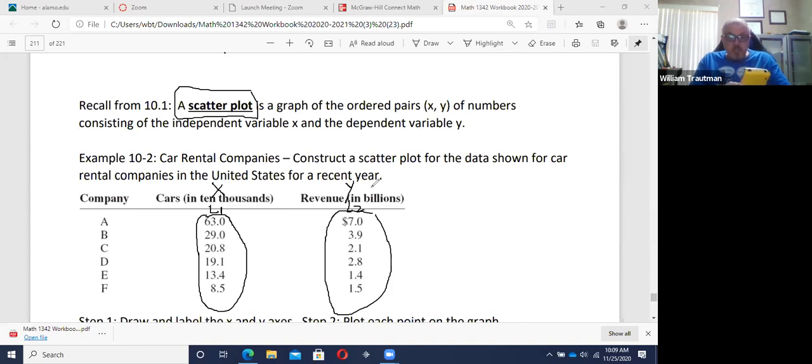Then I'm going over to L2: 7, 3.9, 2.1, 2.8, 1.4, and 1.5. So we're going to type all of that in, and then I'm going to show you on my calculator. If anybody wants to follow along, type that into L1 and L2. I'll give you a second, and then I'll go to my calculator.